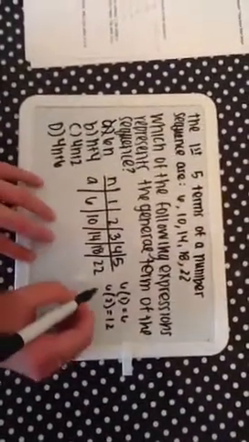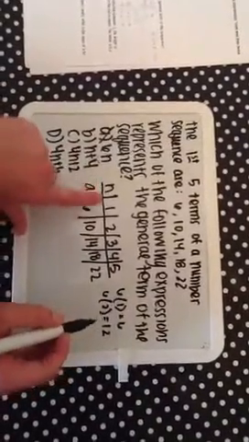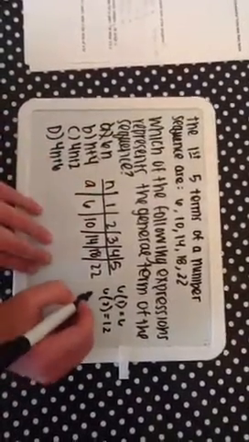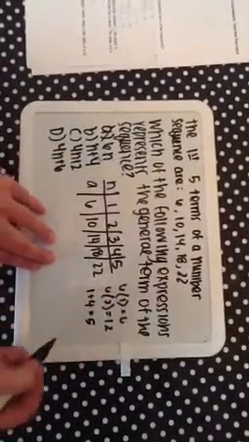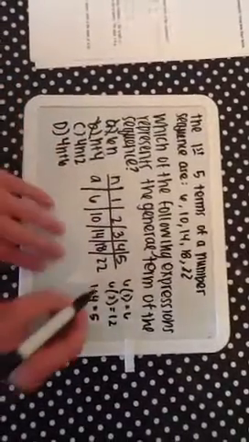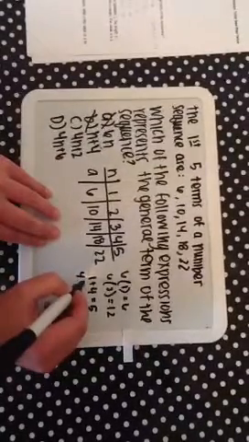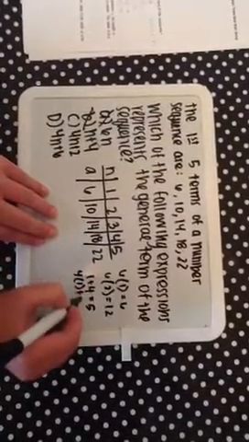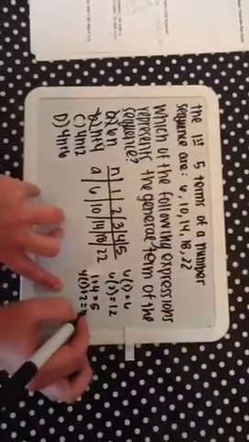So now we do n plus 4, and we plug in 1 for n. So 1 plus 4 equals 5, not 6. So we know that one's not the answer. So now let's do 4n plus 2. So we do 4 times 1 plus 2, which equals 4 plus 2 is 6.